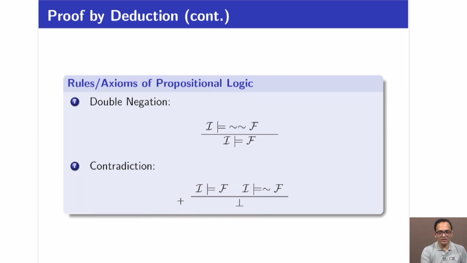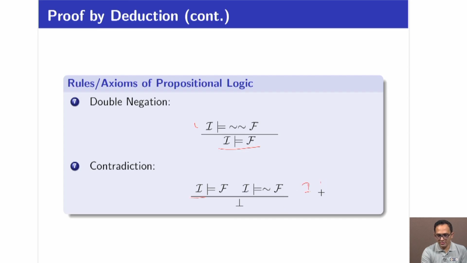Double negation is something, if the interpretation satisfies negation of negation of f, it means the interpretation satisfies f, and the contradiction is something, if the interpretation satisfies f and not f, then it is a contradiction, right. It cannot happen. If the interpretation satisfies both the formula and the negation of the formula, it cannot happen. This also I can write like this, right.